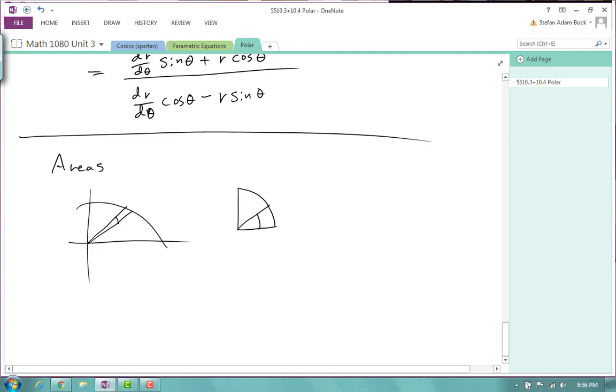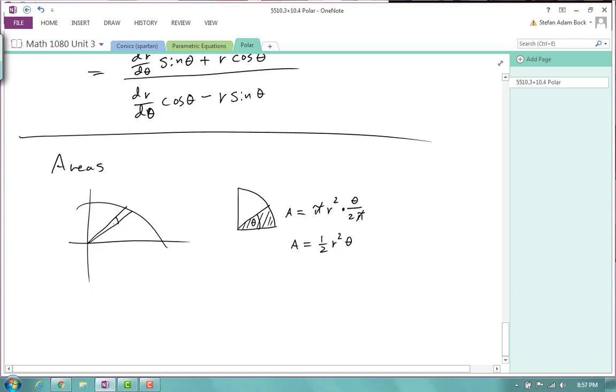Now the area of the sector of a circle can be calculated by finding the area of the circle, pi r squared, and multiplying it by the angle you're using divided by 2 pi. This fraction on the right represents the proportion of the circle which you are using for the area. But here the pi's cancel, and I actually end up with 1/2 r squared theta.